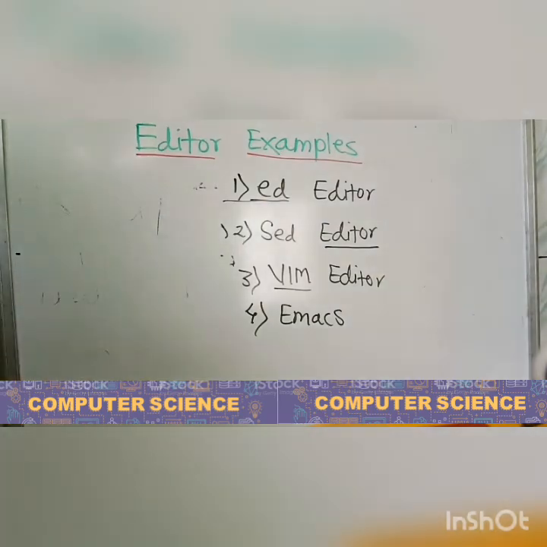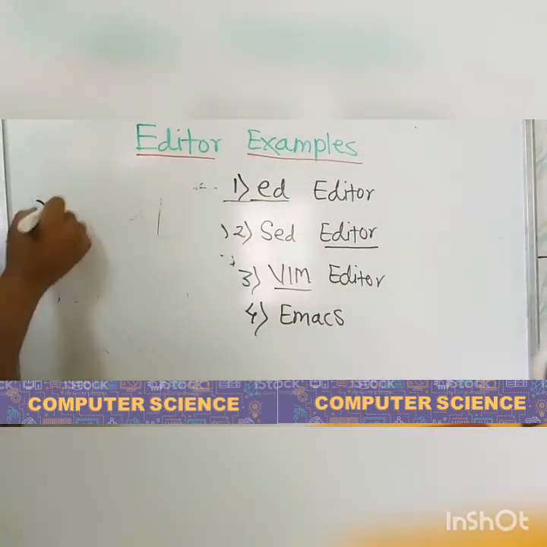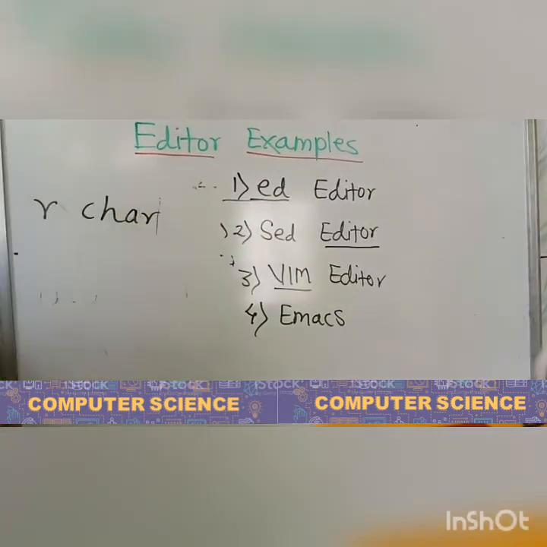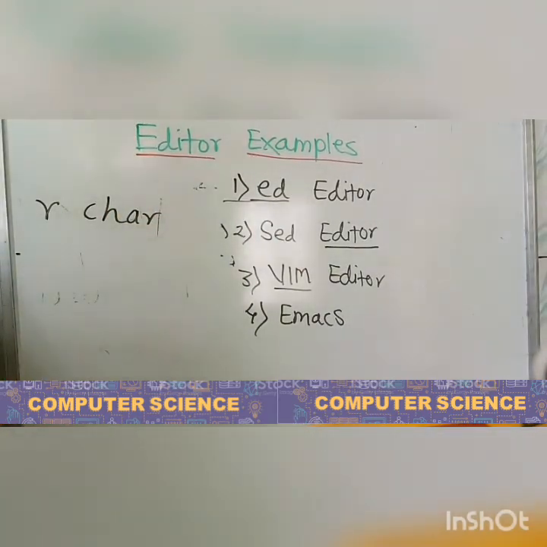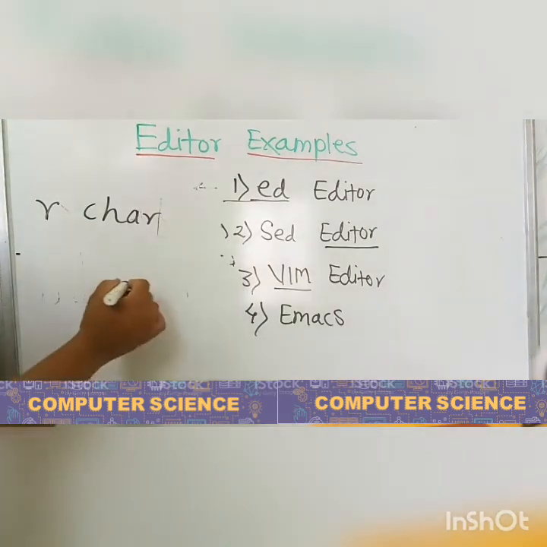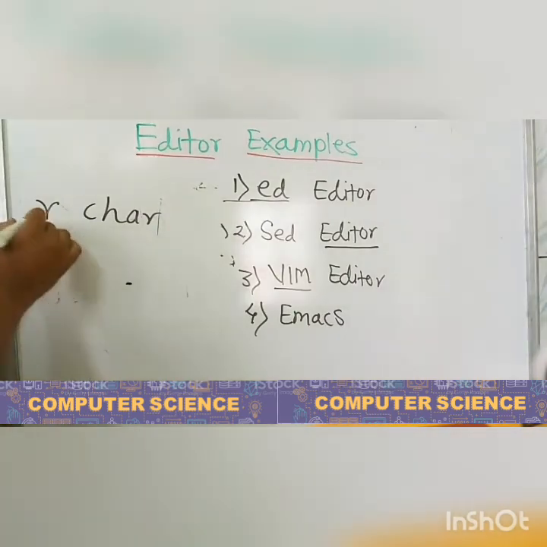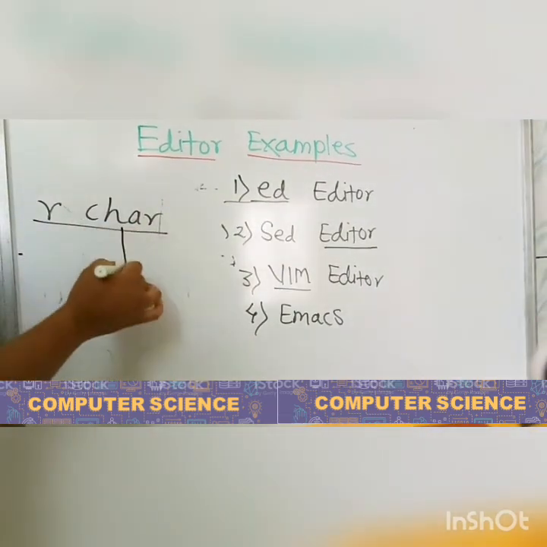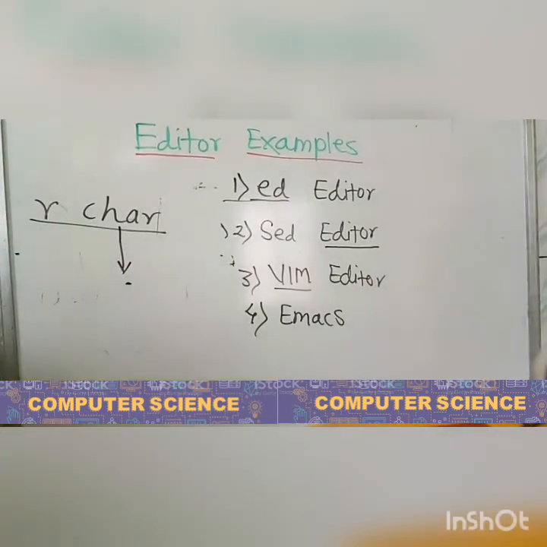Then the next command for the VI editor is the R character. It is used to replace a single character at the current cursor position with the given character. If your cursor is situated here and we fire the command R with a character, your cursor's character will be replaced with the character entered in your command.